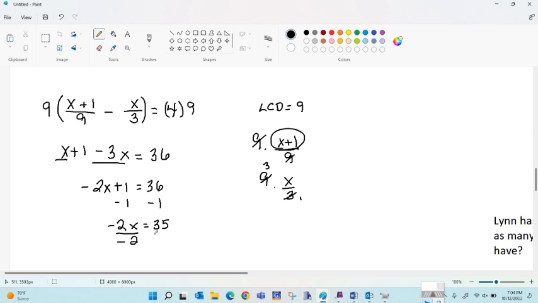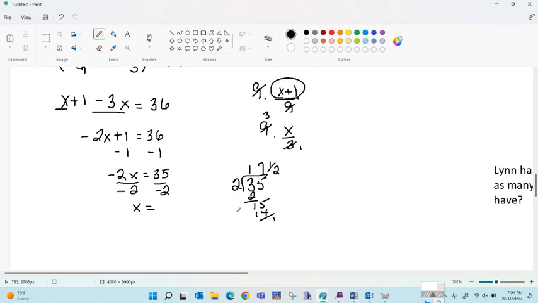Divide by negative 2. So x is 35 divided by 2. 17 and 1/2, with 1 remainder over divisor 2, but it's negative because positive divided by negative.